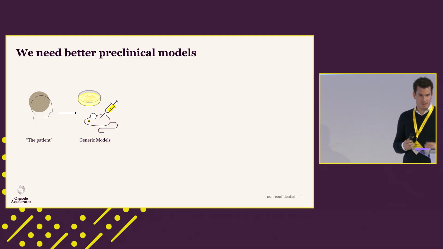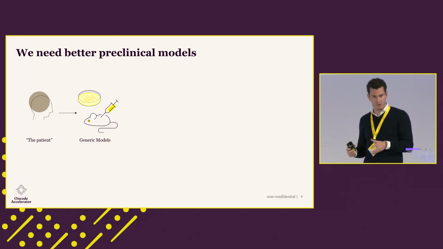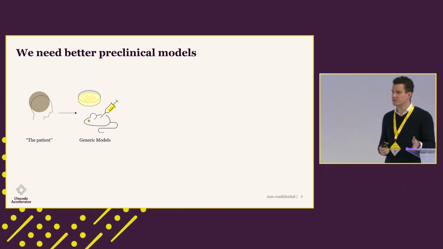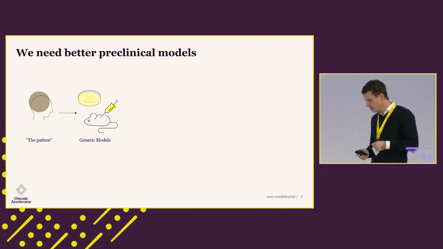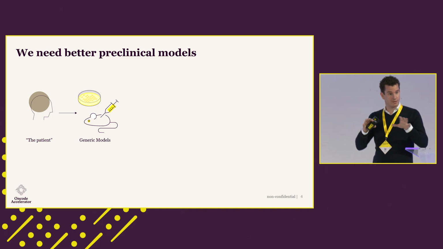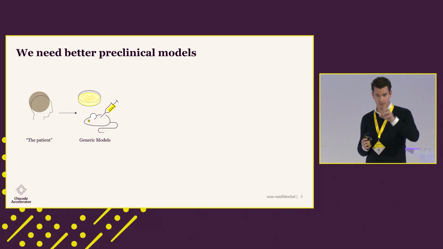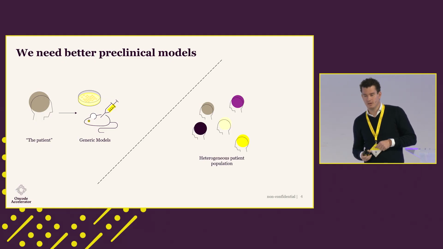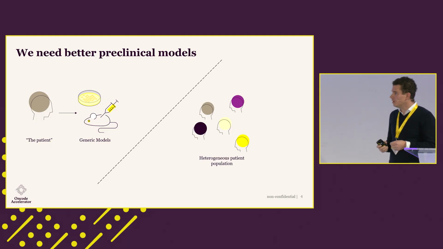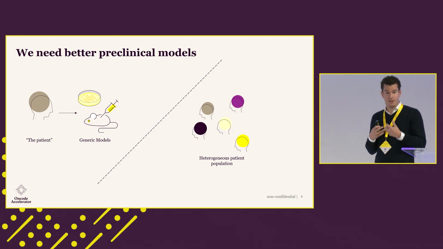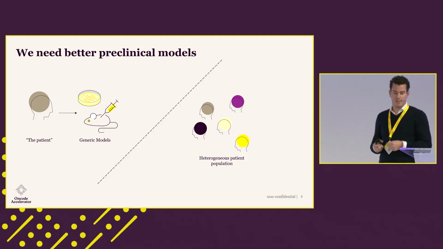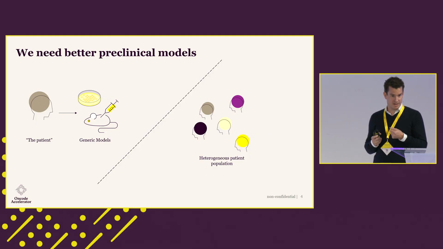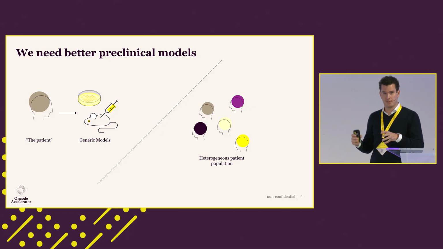And then you try to mimic those characteristics in generic models in a preclinical setting, such as cell lines or mouse models. Your therapy might work extremely well in those models. But then, when you get into the clinic, you have a highly heterogeneous patient population, and your therapy might not work as expected in all of the patients.